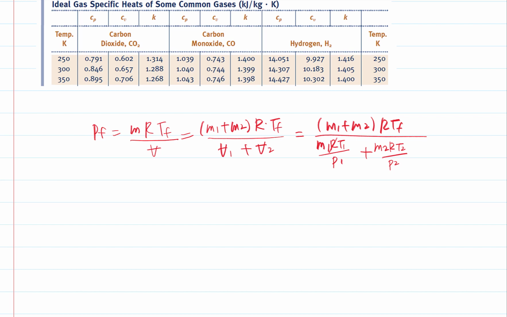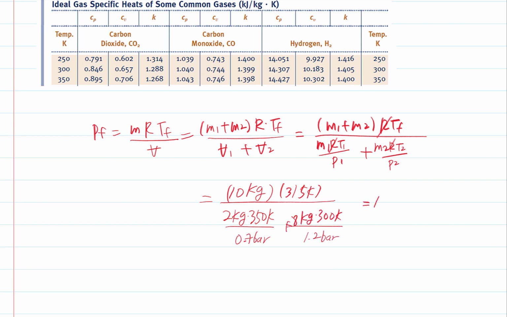Cancel out the gas constants. Plug in properties and the values. We get the pressure at the final state.